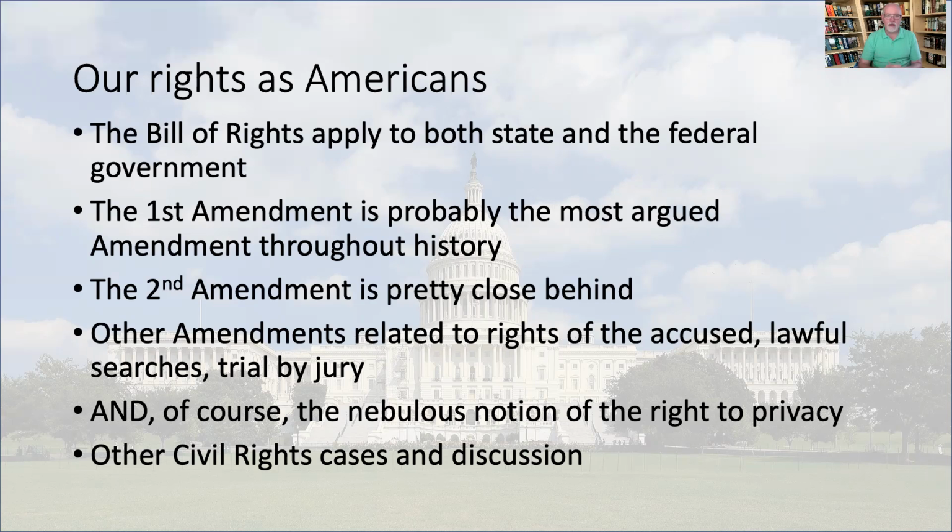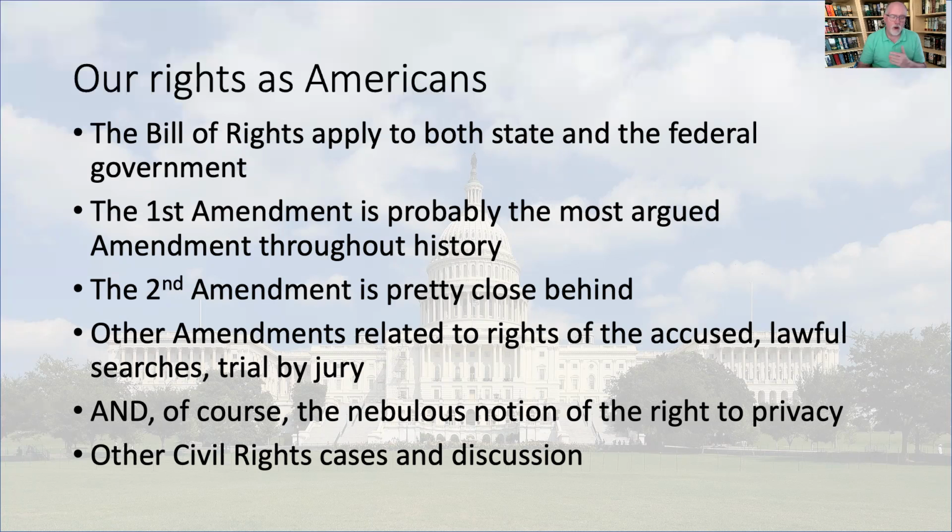Other amendments that are often argued are the Fourth Amendment, which is the right against unlawful searches. So you have amendments and court cases related to the rights of the accused in criminal cases and occasionally civil cases, lawful searches, trial by jury. And of course, recently the Supreme Court has established a nebulous, and that's my word, not the book's, right to privacy.